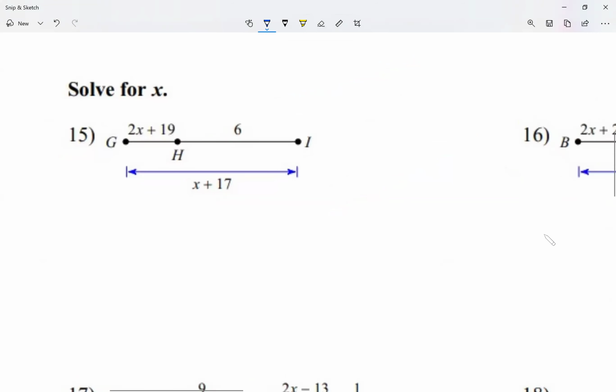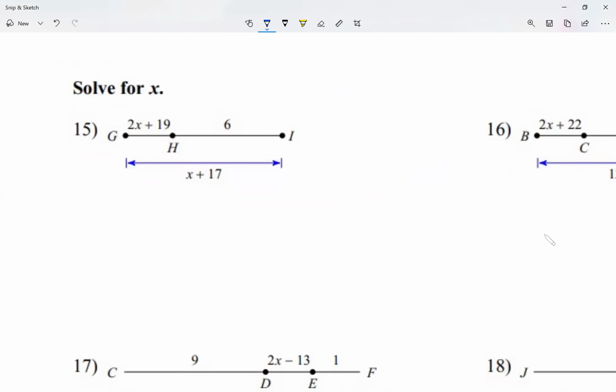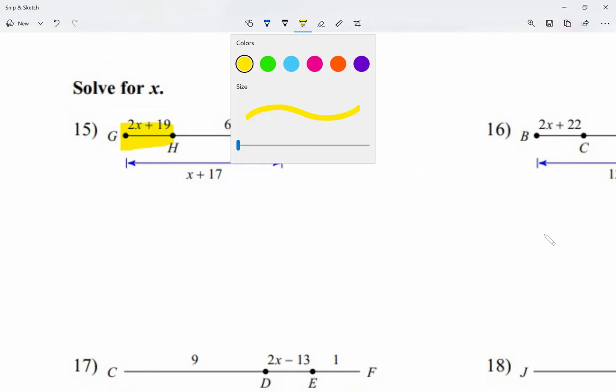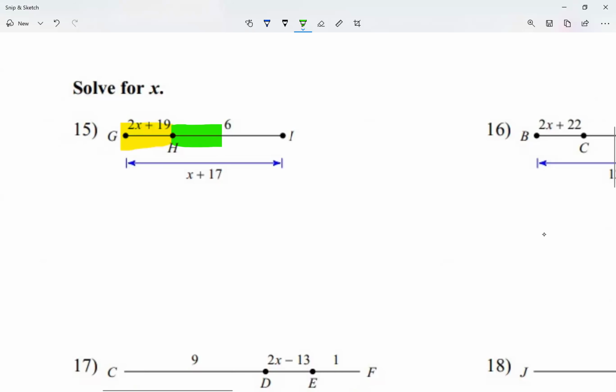So looking at number 15, I see two segments. I'm going to highlight them, one of them in yellow, and the other in green. So you can see there's two small segments. If I add those two small segments, I'm going to have 2x plus 19. Let me do my work in black. So 2x plus 19 plus 6, right?